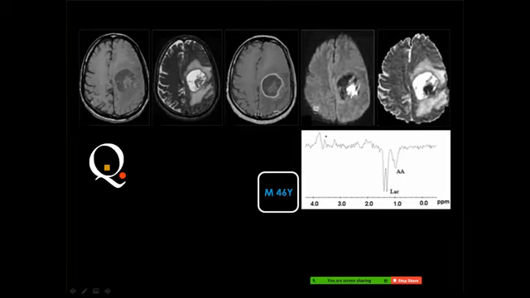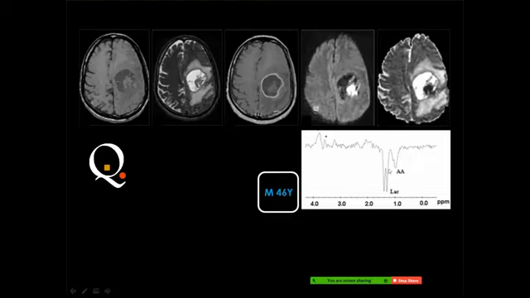in the treated abscesses and fungal abscesses. The fungal abscesses do not show diffusion restriction, but the pyogenic abscesses show diffusion restriction. Of course, from the MR spectroscopy, you do not see any of the normal metabolites.